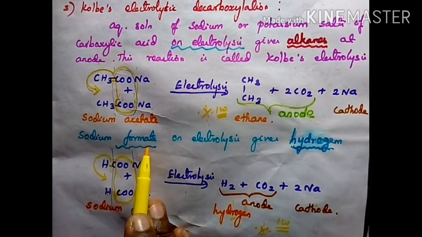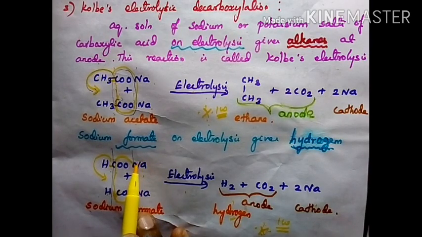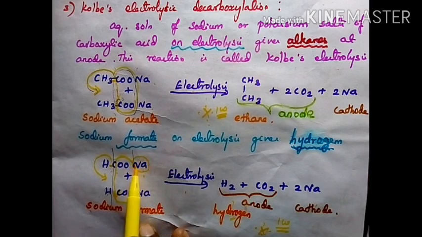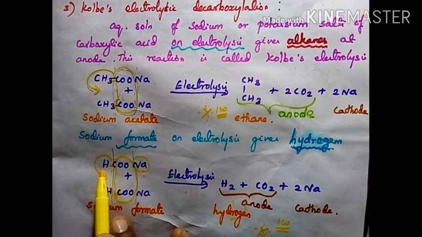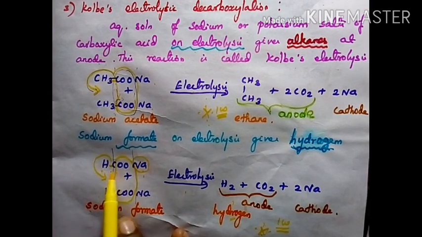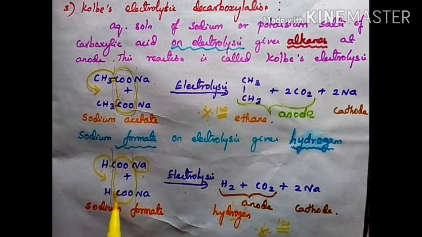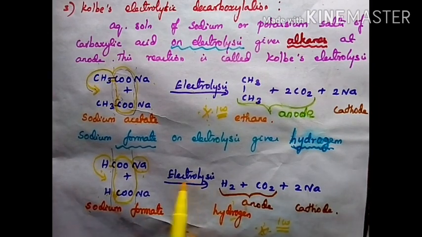Formate. If you remove one hydrogen from acids, it is called formate. That is formic acid. Instead of hydrogen, we put Na. If CH3 is there, it means acetate. Now we form the formate, HCOONa. 2 molecules of sodium formate are taken which undergo electrolysis. What happens first?